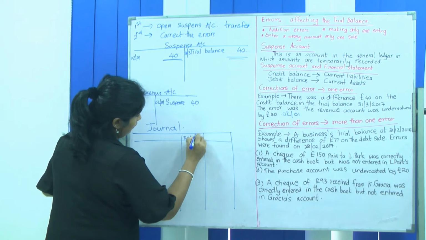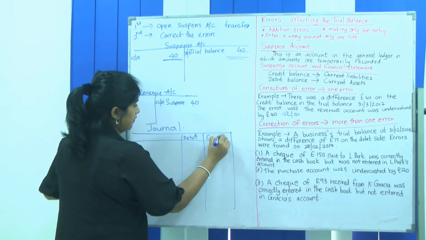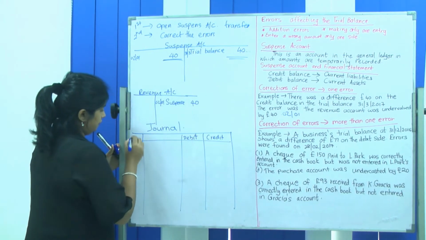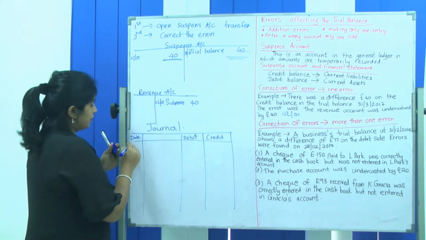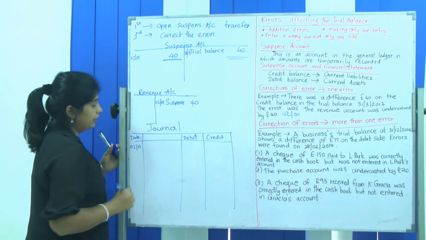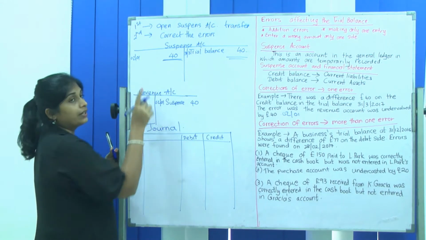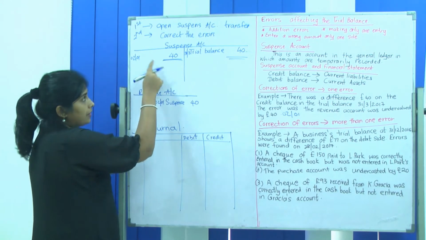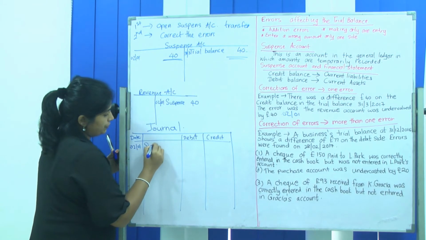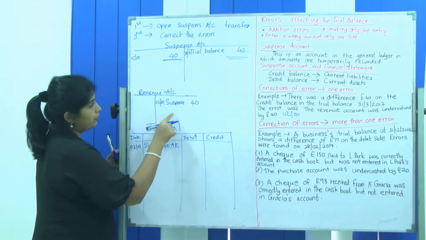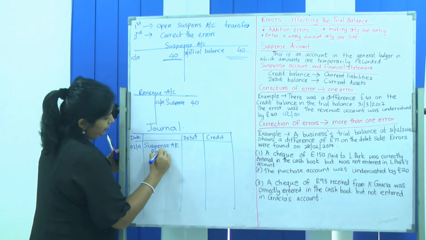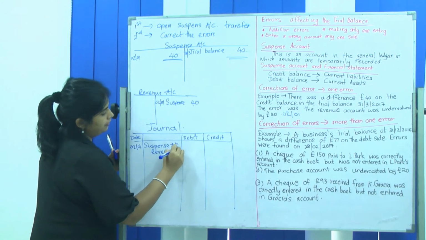Already you know there are 3 columns, debit, credit and the date. Okay. So the error was found on 2nd of January. So to correct the error, you debit the suspense account, and you have to credit the revenue account. So revenue account will be credited.